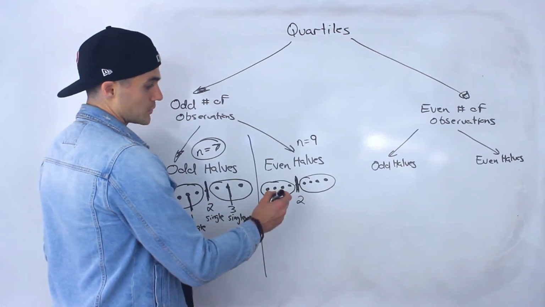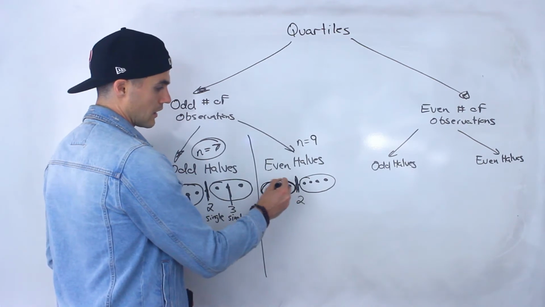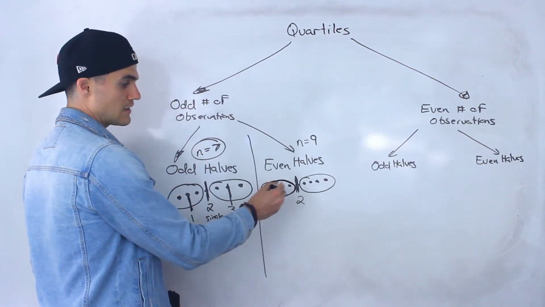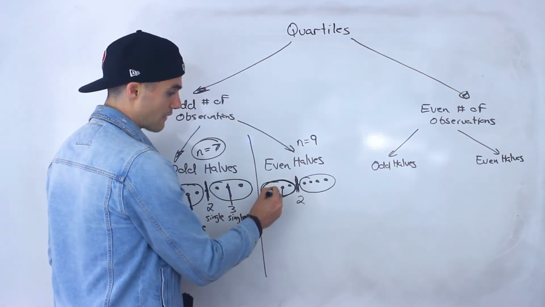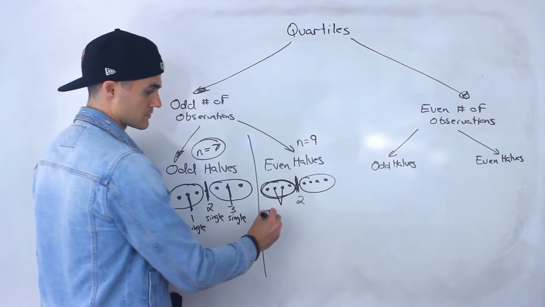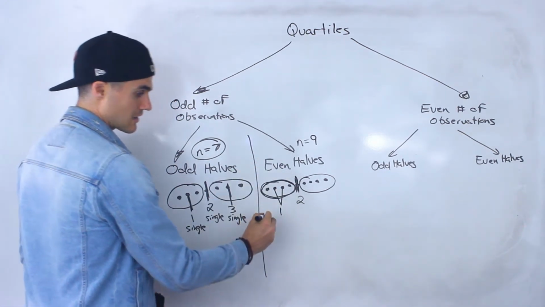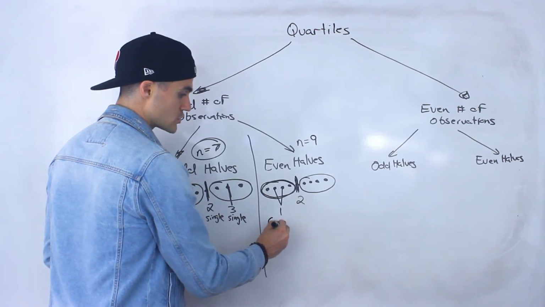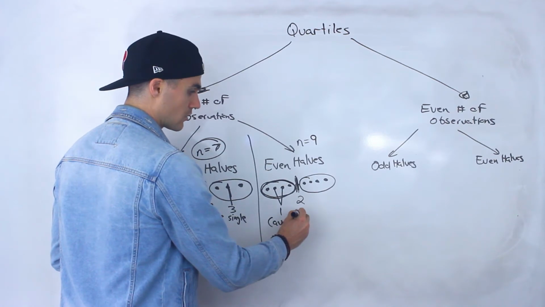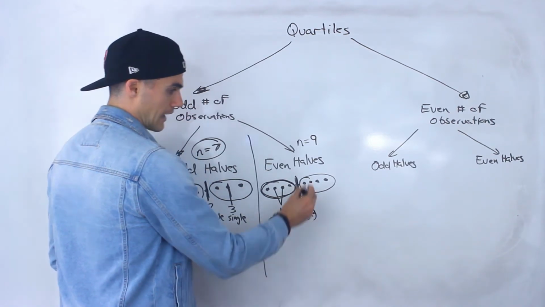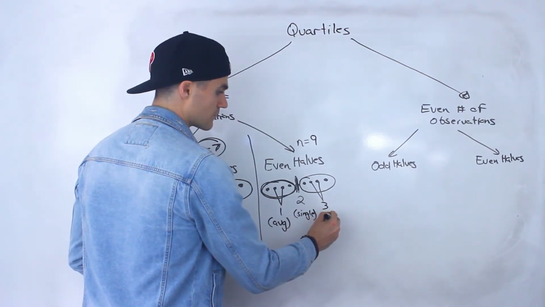So now what we've got to do to find the first quartile, we have to find the median of this data. And because there's an even number here of observations, 4, it's going to be the average of those middle terms. And so notice that the first quartile in this case is going to be an average, while the second quartile is still a single value. And then notice the third quartile, it's going to be an average.